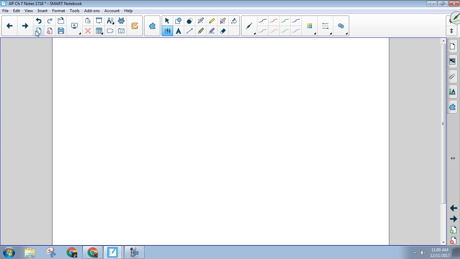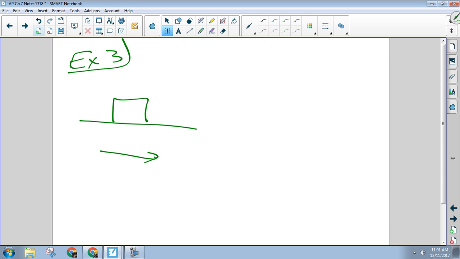Example 3. Let's just have the box sliding along. So whatever, my displacement's going to be this way. Here's my normal force. Okay, so let's find the work done by the normal force. Well, that's my normal force times my displacement times the cosine of theta.